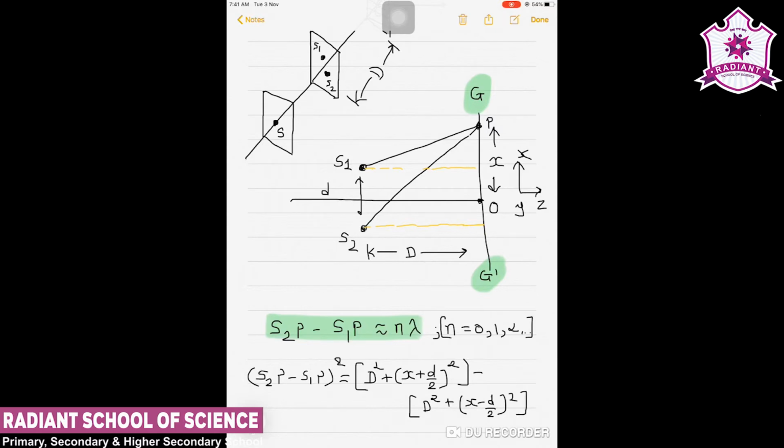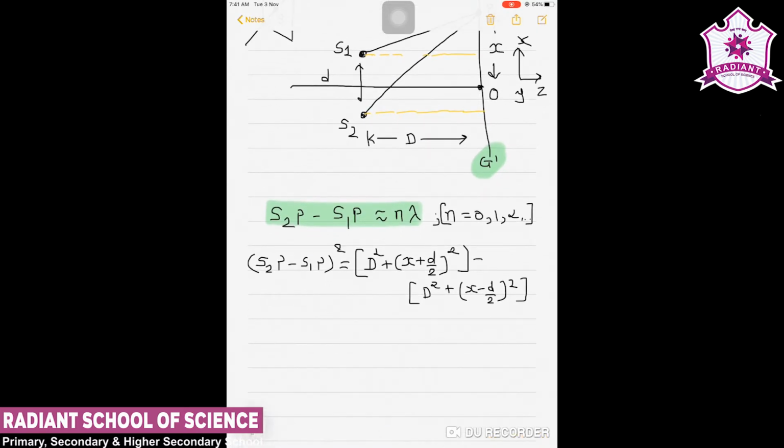If we simplify this term, the result turns out to be 2xd. Here we know that S1S2 is considered as a small distance d, and that OP is considered as x.